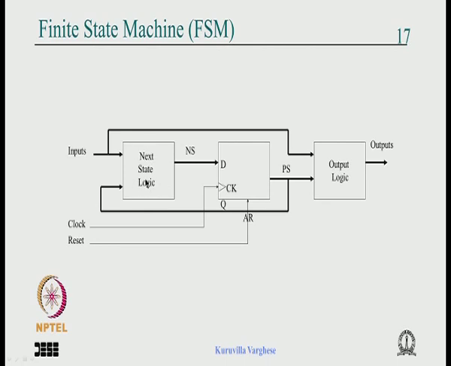That is natural, because at least for the next state logic, the next state is a function of the present state and the input, and this is combinational logic. Imagine the next state table: you have inputs, the present state, and the next state, and we are trying to form equations for D2, D1, D0 in terms of Q2, Q1, Q0 and the inputs.